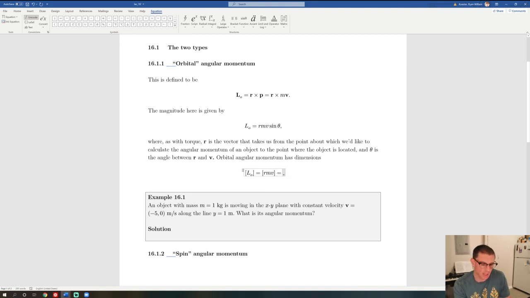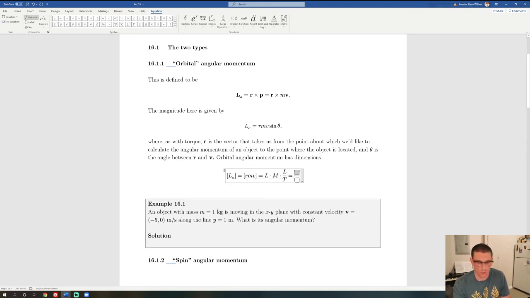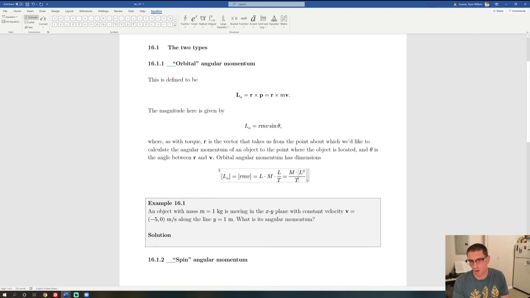So what we have is that this is going to be a length times a mass times a length over a time, right? And this works out to be a mass times a length squared over a time.